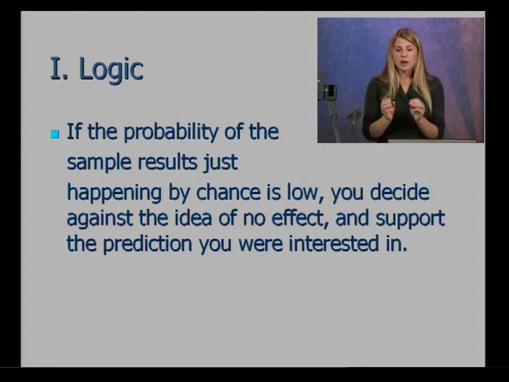So think about my son's example. If you have a huge difference between the video players and the non-video players, then you go, ooh, the probability of getting that huge difference by chance is very low. Even though it's possible to have random things make a big difference, it's not very likely. It's very low, so you decide, it's probably not just chance. It's probably a true effect of my experiment.